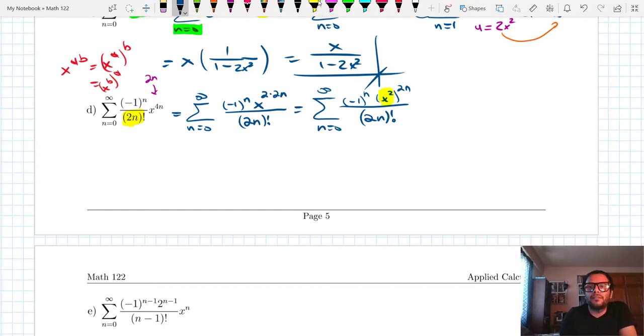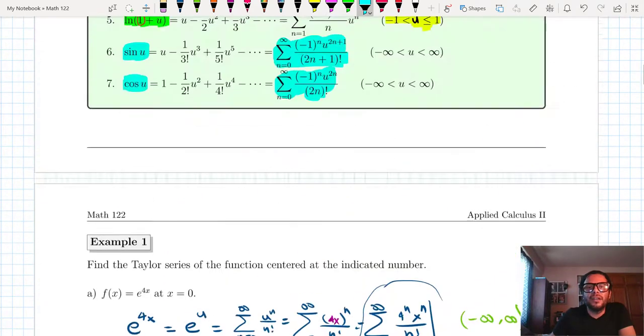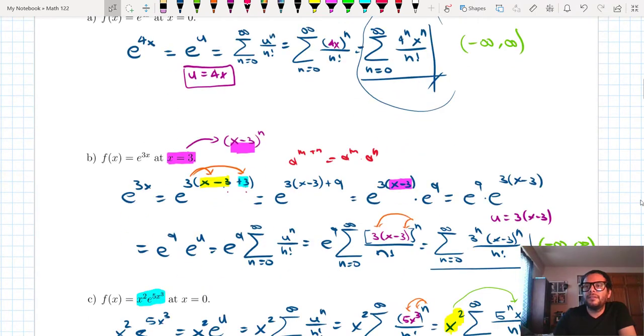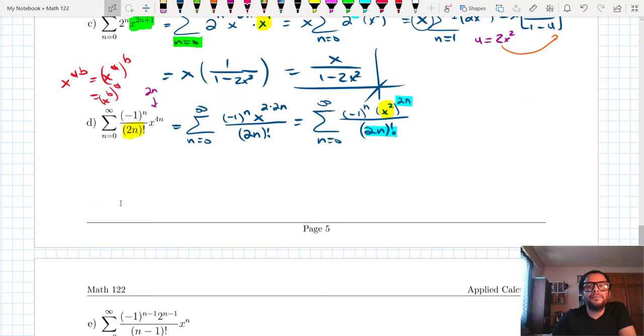So we have the 2n and 2n factorial that are characteristic of the cosine function. Can you see this? So 2n and 2n factorial. Let's keep simplifying this one.